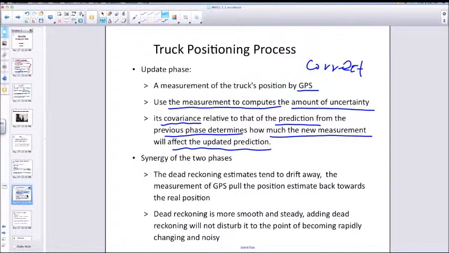What does that mean? Let me put it this way. You, the truck driver, predict yourself to be in this position. That's your prediction. From the predicted position, you can figure out the GPS signal, the distance to a reference.